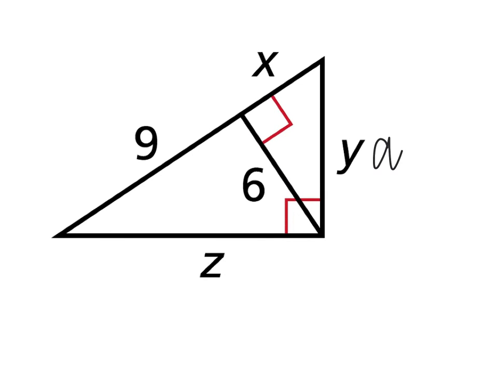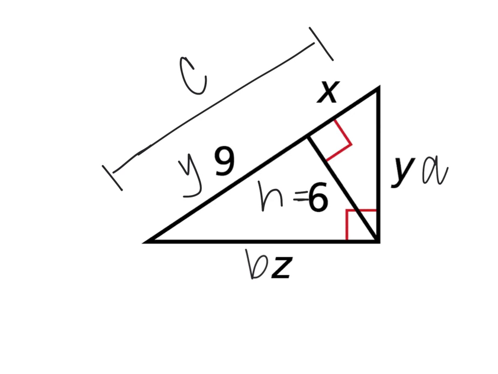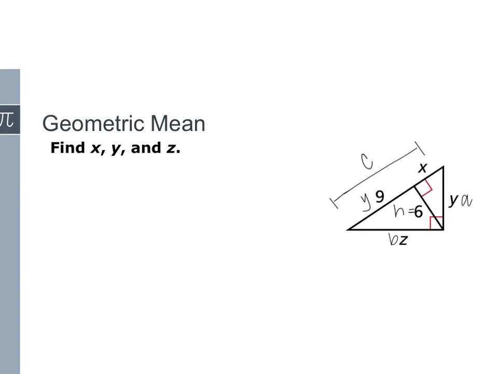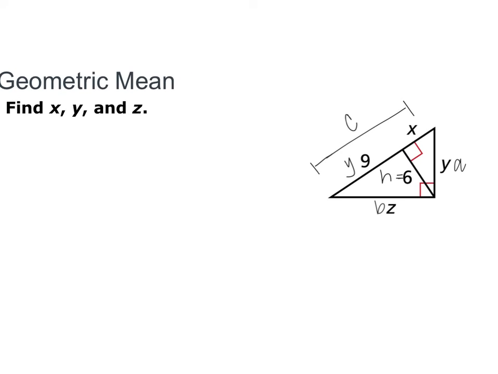This is A, B. This whole thing here is C. This is X, this is Y, and this is H. From the slide before, these are the three formulas that we know. I'm just going to write them all here, and we're going to use them all to solve for things.